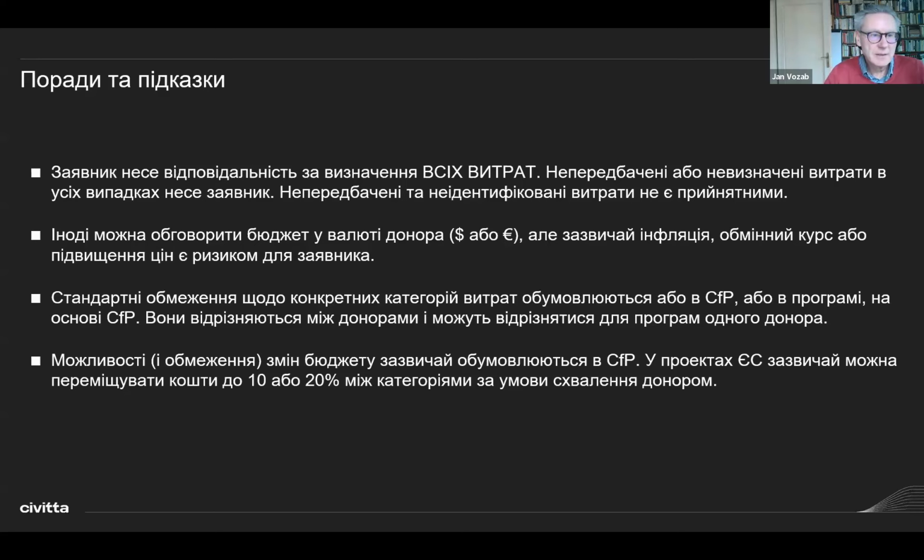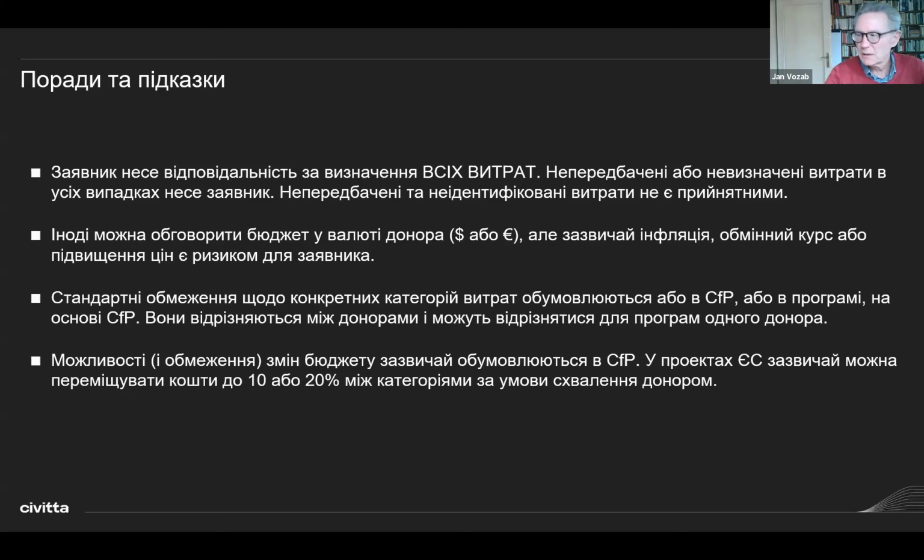Concerning the exchange rate, usually donors prefer to provide grants and sign the grant agreement in the local currency, in Ukrainian hryvnias.